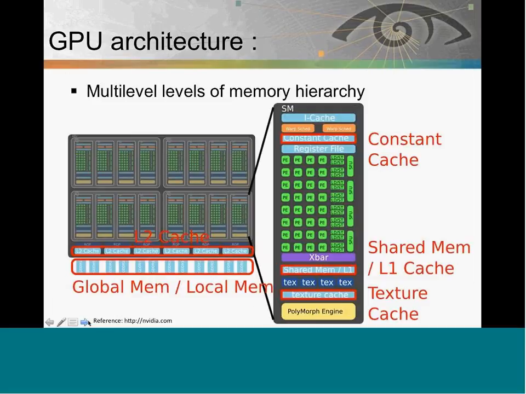So let's zoom in and see what they have in each streaming multiprocessor. It has this PE called the processing element, or we call it a core. And then it has texture memory, constant memory, scheduler. What that means is the group of threads, generally 32 threads in a group, is called one warp.